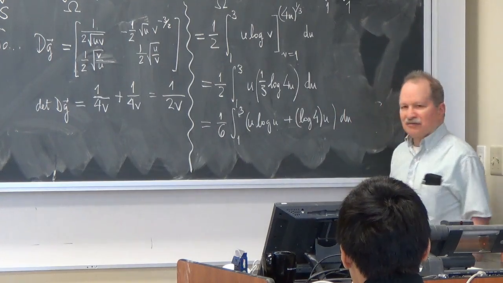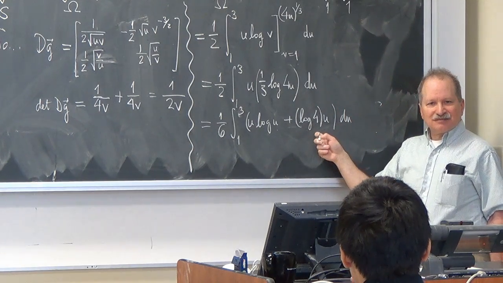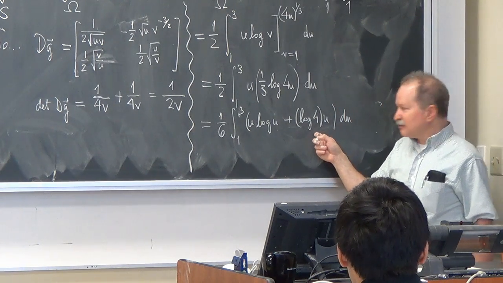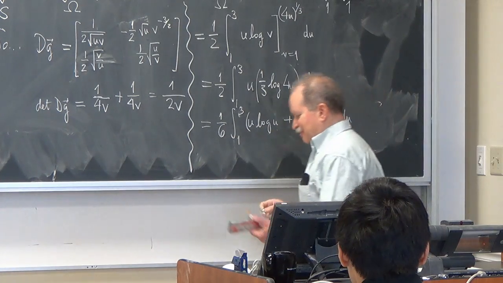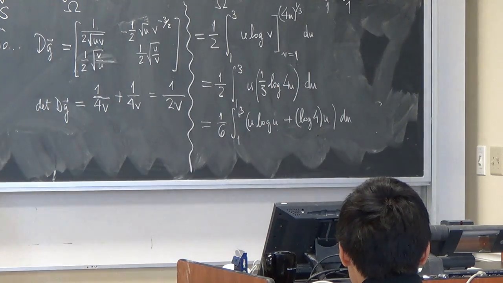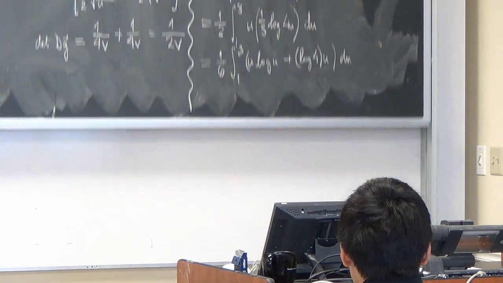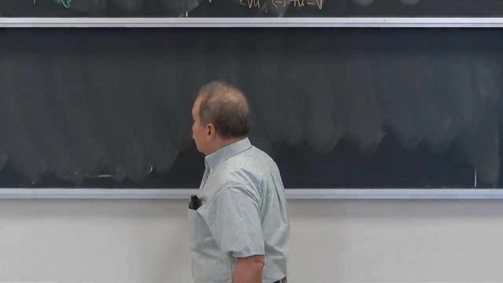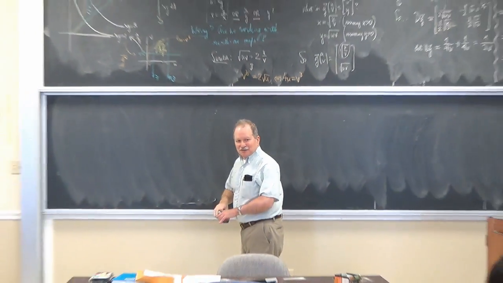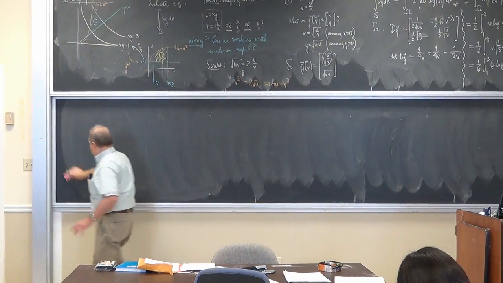So now, this is easy. How do I integrate u log u? Those of you who have been lazy about thinking about how you do integrals, maybe this is a time where you can actually practice some.